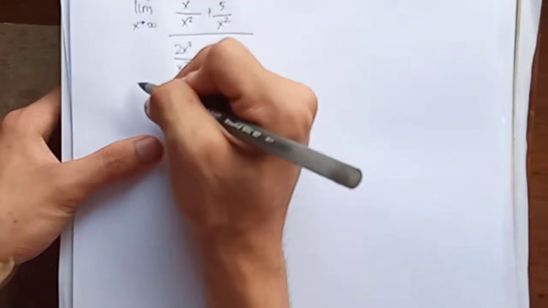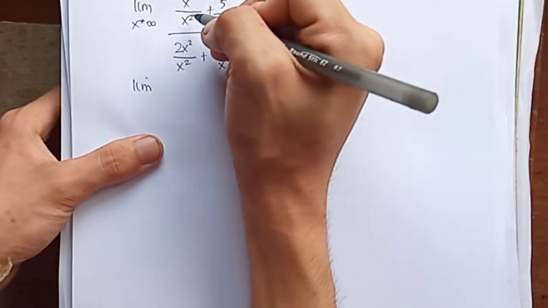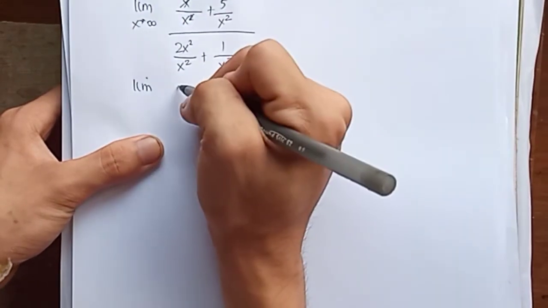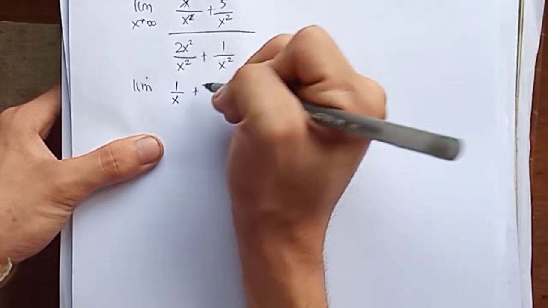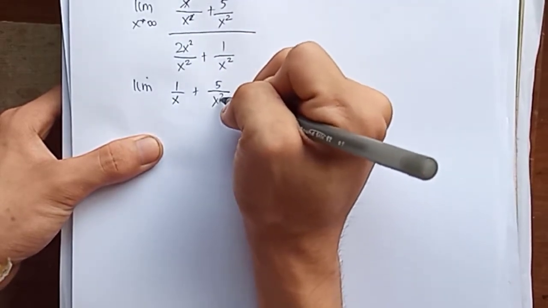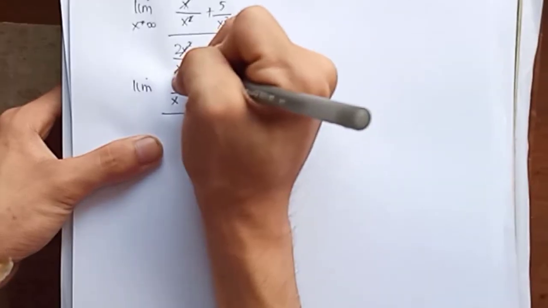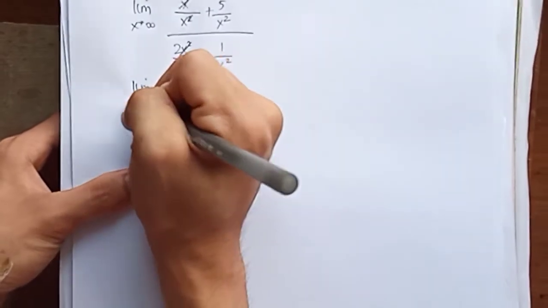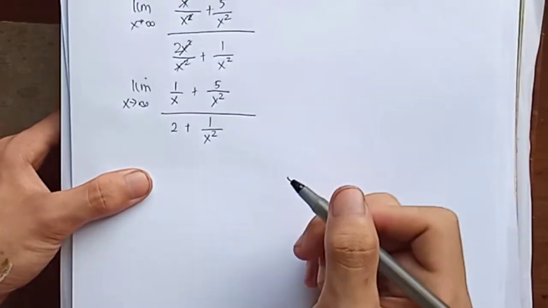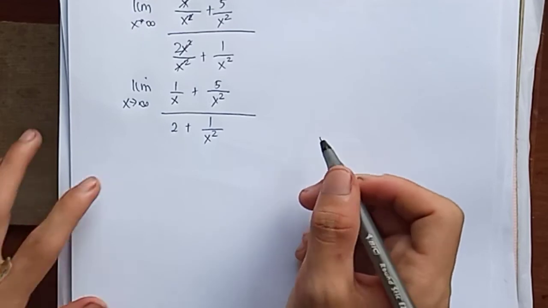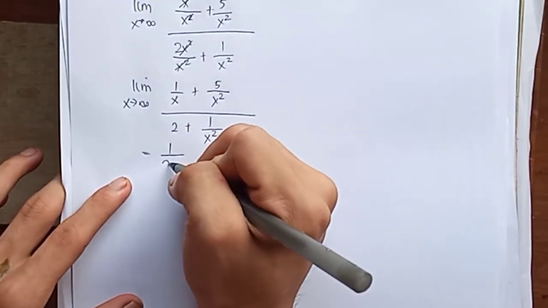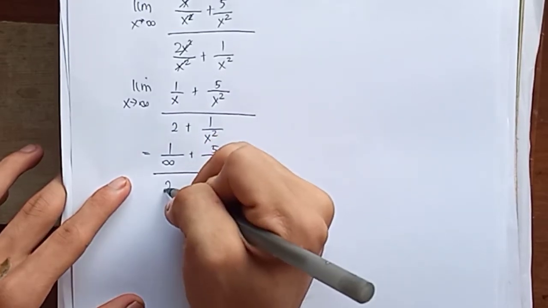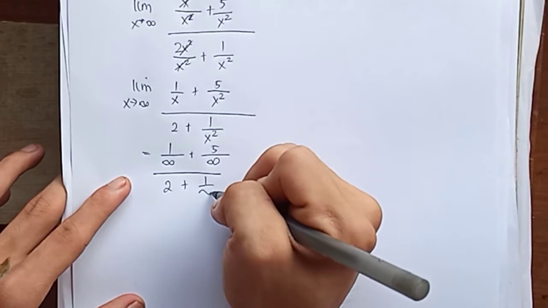So, simplifying, I have the limit of x over x squared. Na-cancel x dito, tas na-cancel din siya doon. So, I have 1 over x na lang, plus 5 over x squared, all over 2 plus 1 over x squared, as x approaches infinity. So, substituting infinity for all x, I have 1 over infinity plus 5 over infinity over 2 plus 1 over infinity.